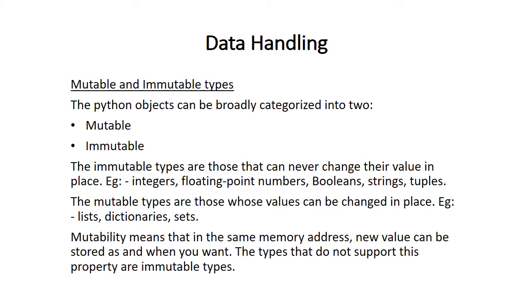The mutable types are those whose value can be changed in place. Examples: lists, dictionaries, sets, etc. Mutability means that in the same memory address, a new value can be stored as and when you want. The types that do not support this property are immutable types.